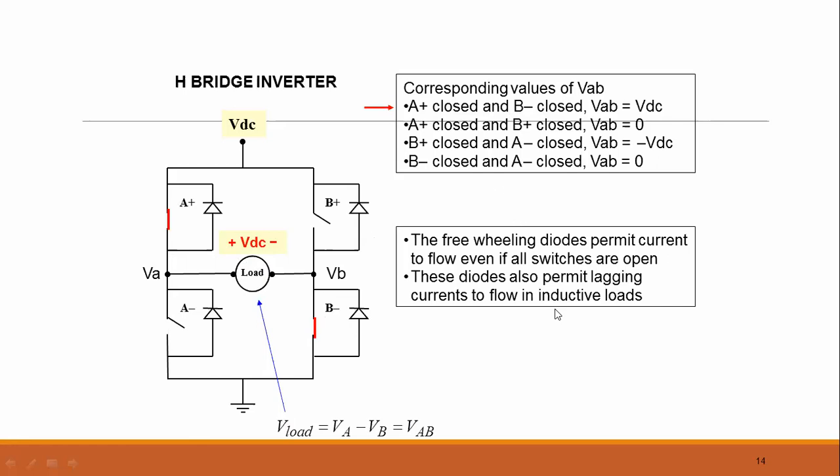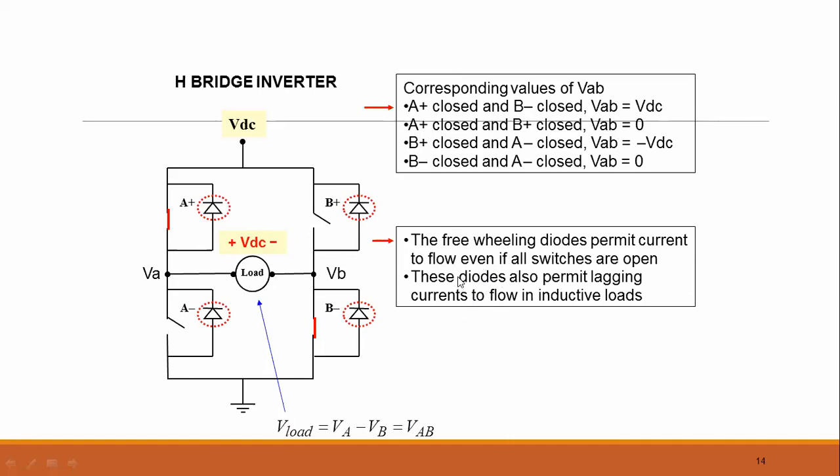But when the A plus switch is closed and the B plus switch is closed, what will be the case? The freewheeling diodes permit current to flow even if all switches are open. These diodes permit lagging current to flow in an inductive load.